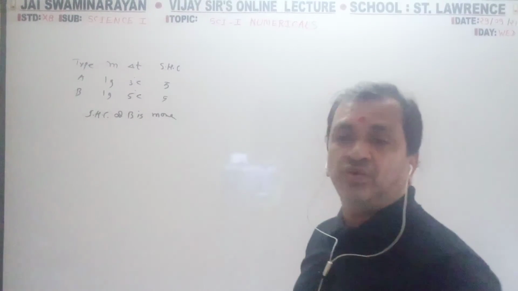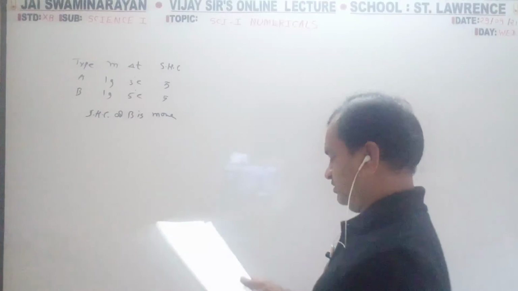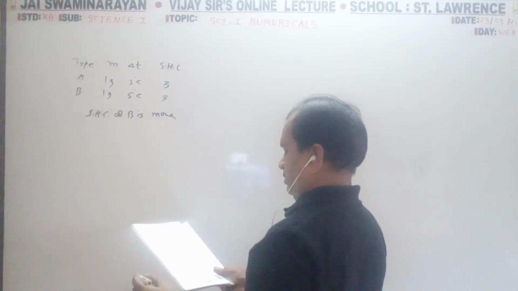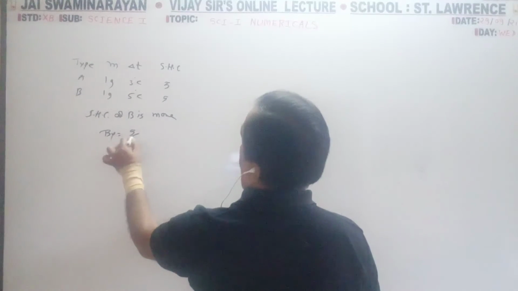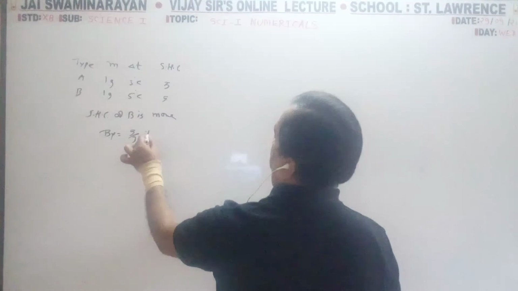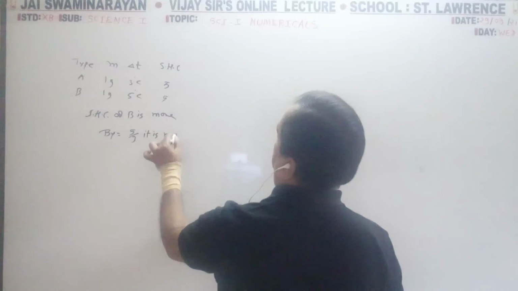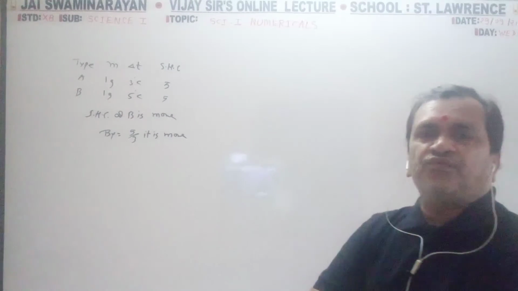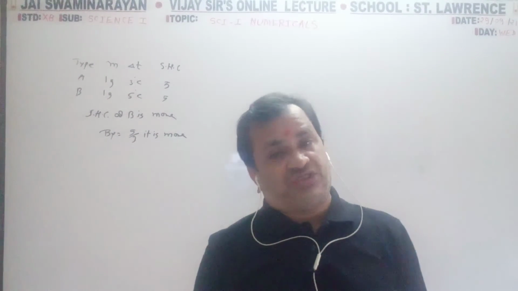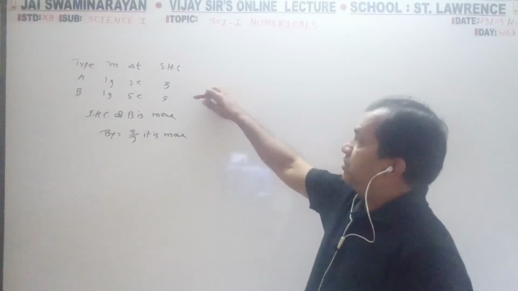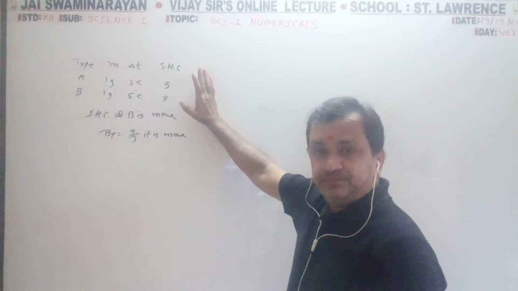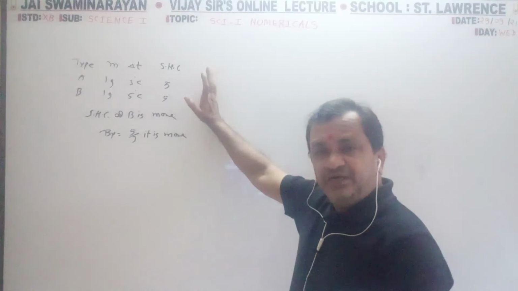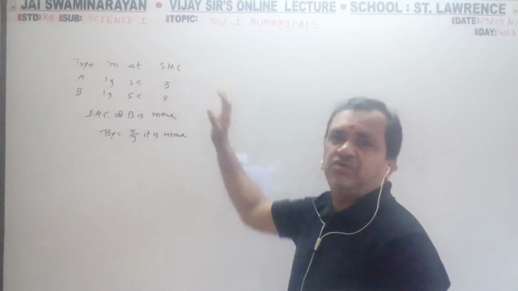How many times more compared to the second? By which factor? By 5 by 3 it is more. 5 by 3 means 1.666. So compared to this, it is 1.666 times more. So which is bigger and how much bigger, that you have to find.